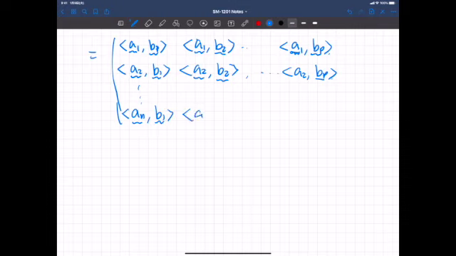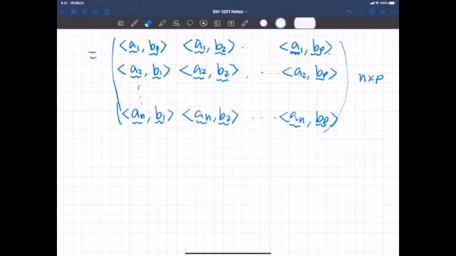This continues to An times BP. So this is an n by p matrix, and each element is a scalar product between some Ai and some Bj.